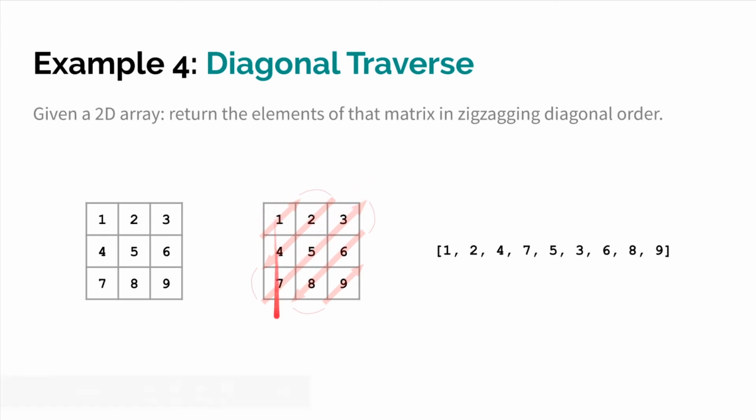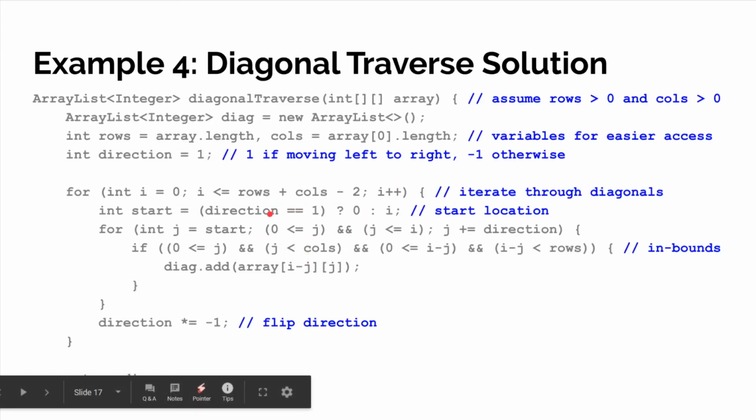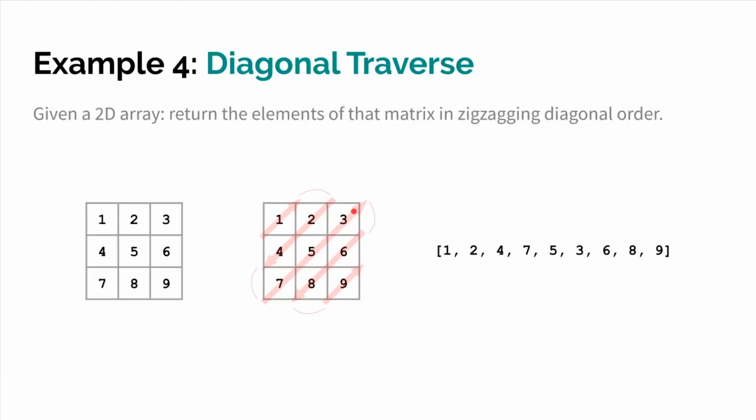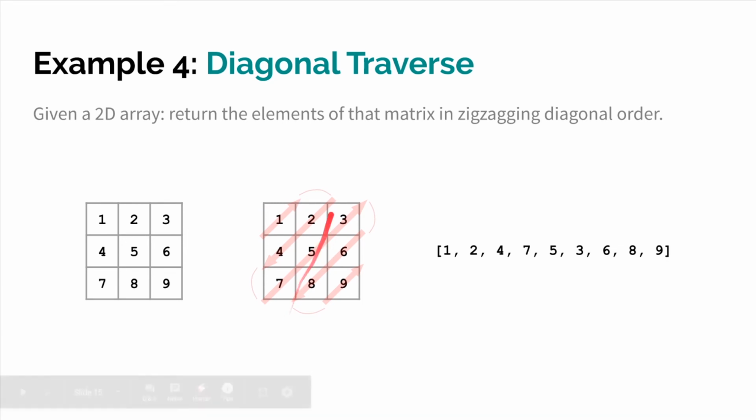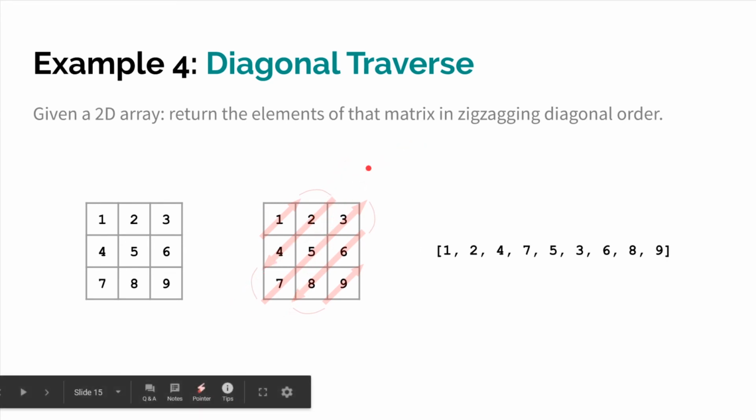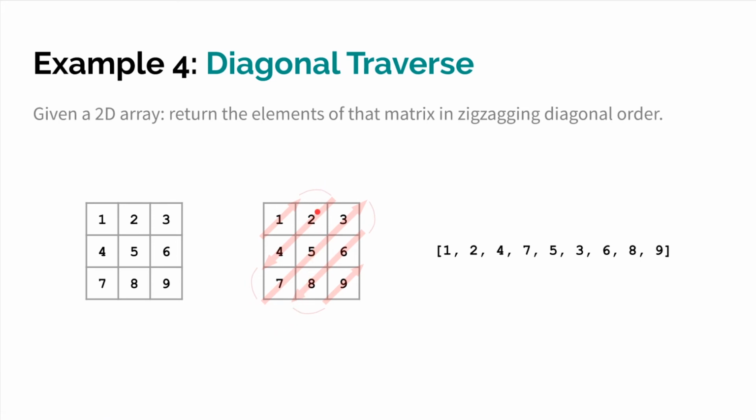So this is just a ternary, right? If we're moving from left to right, then we start at column 0. But if we're moving in the opposite direction, from right to left like this, we start instead at the column, right? So here we would have 0, 0, but here we would have 0, 1, right?